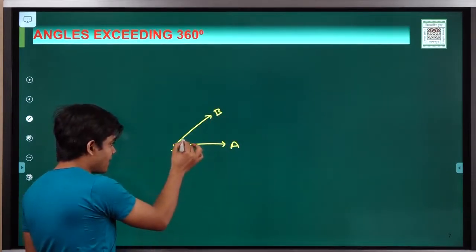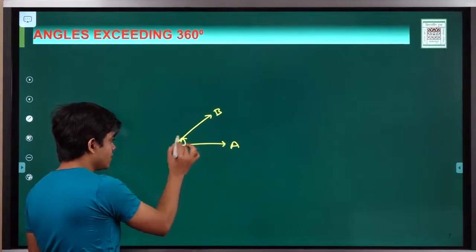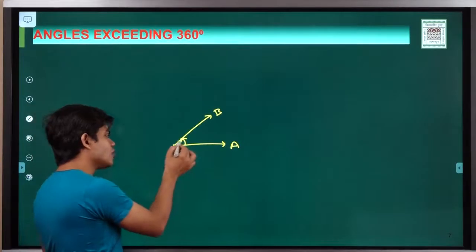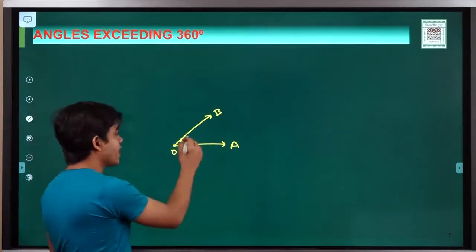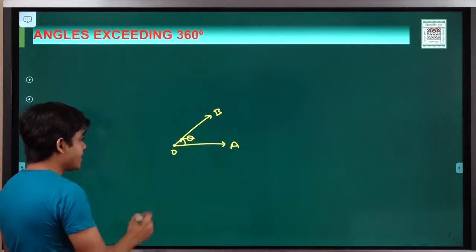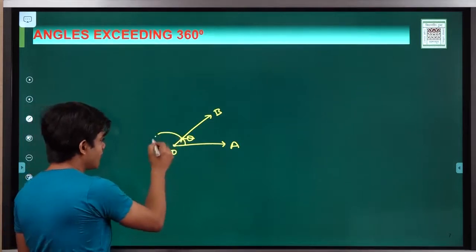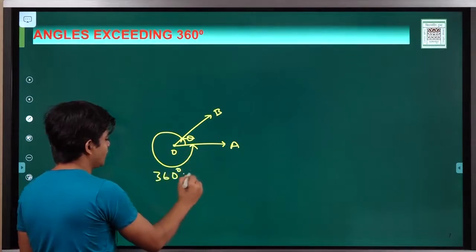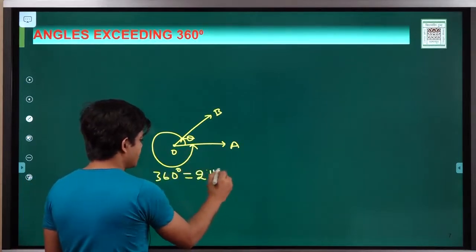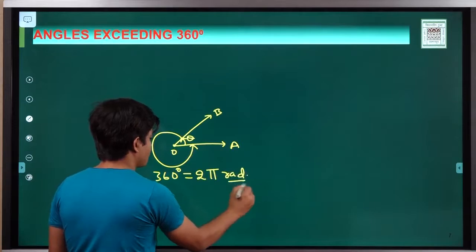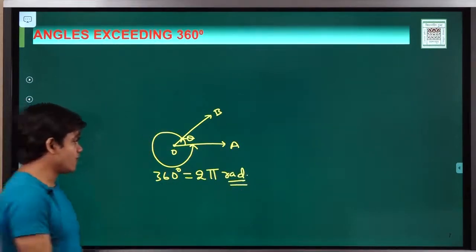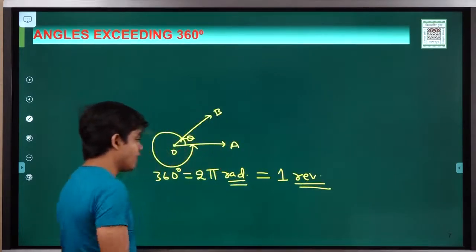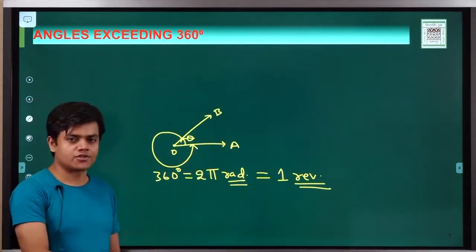Then this amount of rotation is called the angle over here. And if a revolution is completed, then there is a 360 degree angle, and it is also called 2 pi radian. So in one revolution we have 2 pi radian angle, 360 degree angle.